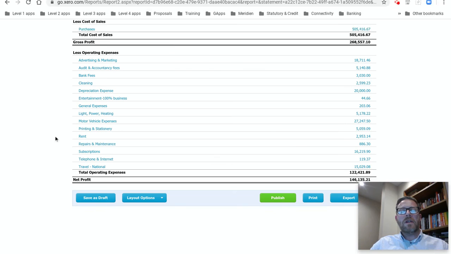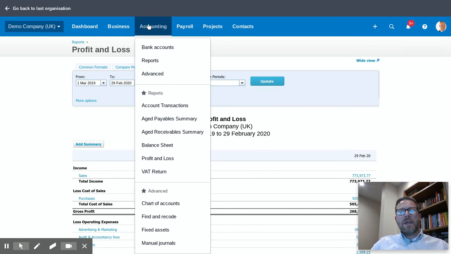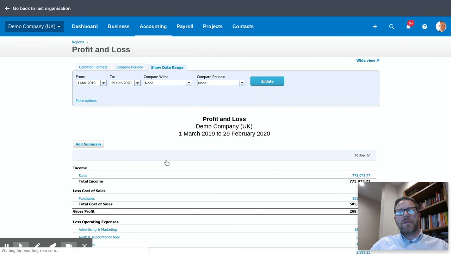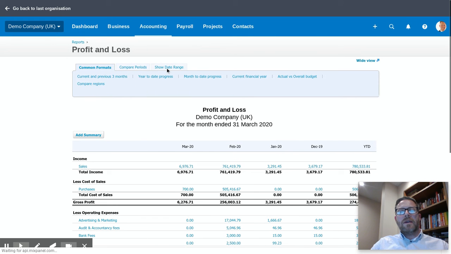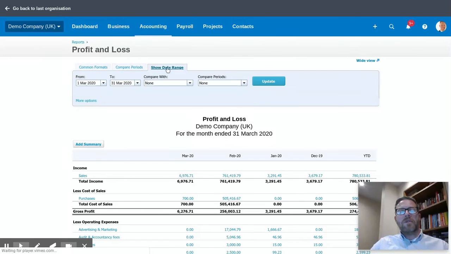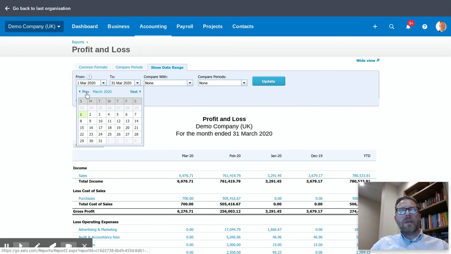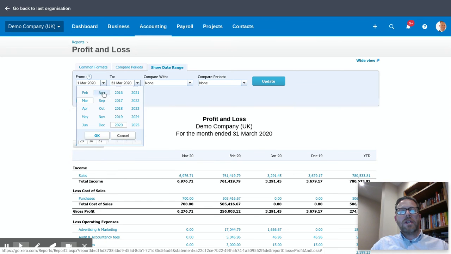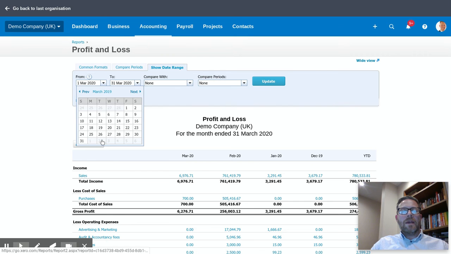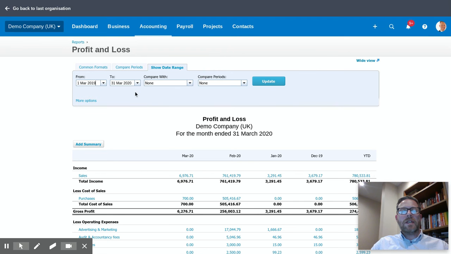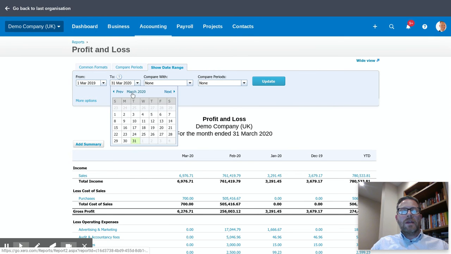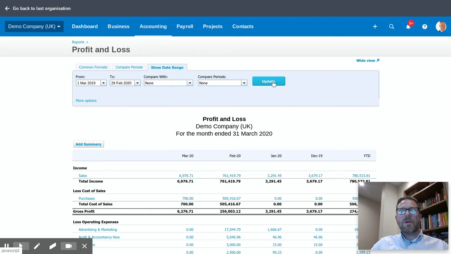So go into your reports, into the profit and loss account there, and put in the correct dates, the date range, which of course for us is going to be from the 1st of March 2019 to the 29th of February 2020, and just generate that report.